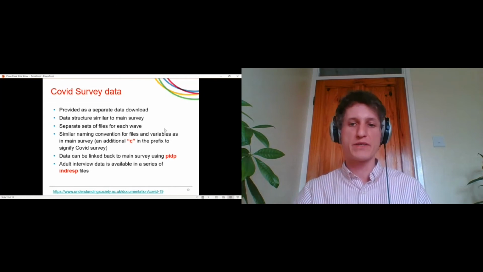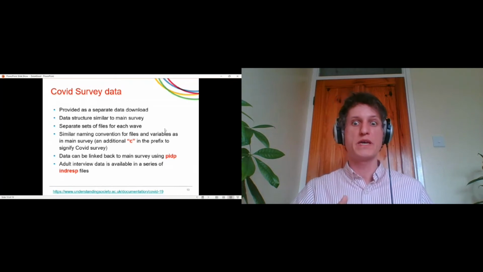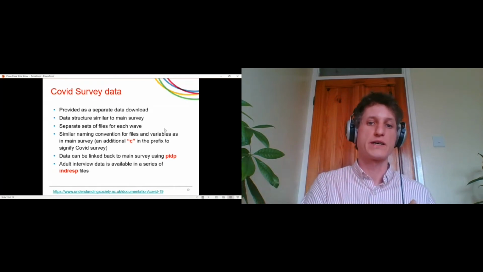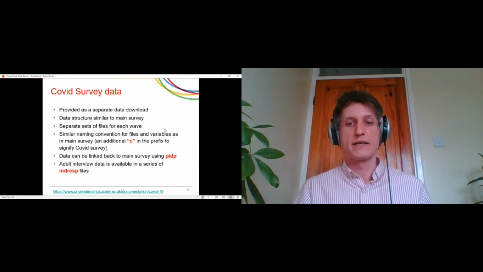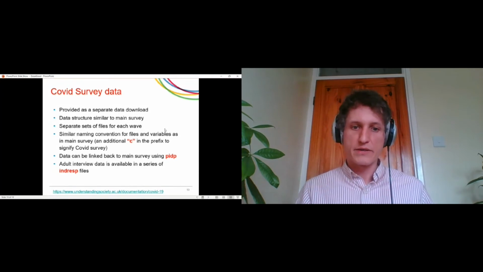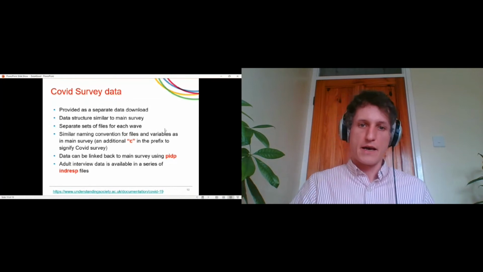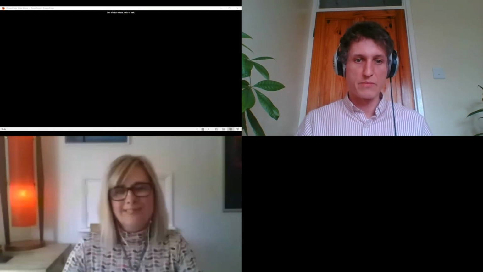So each person we interviewed in the COVID study could have their COVID data linked to their data from the waves of the main survey in which they participated. And this adult interview data is available in a series of interest files. So thank you very much for your attention. And now Catherine would like to tell you a bit more about the study.